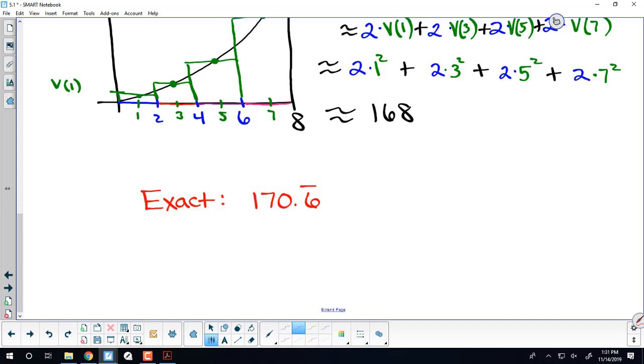So we used 4 rectangles and got pretty close to the overall area. And again, the idea is that if we wanted an exact area, then we just put more rectangles in, right?